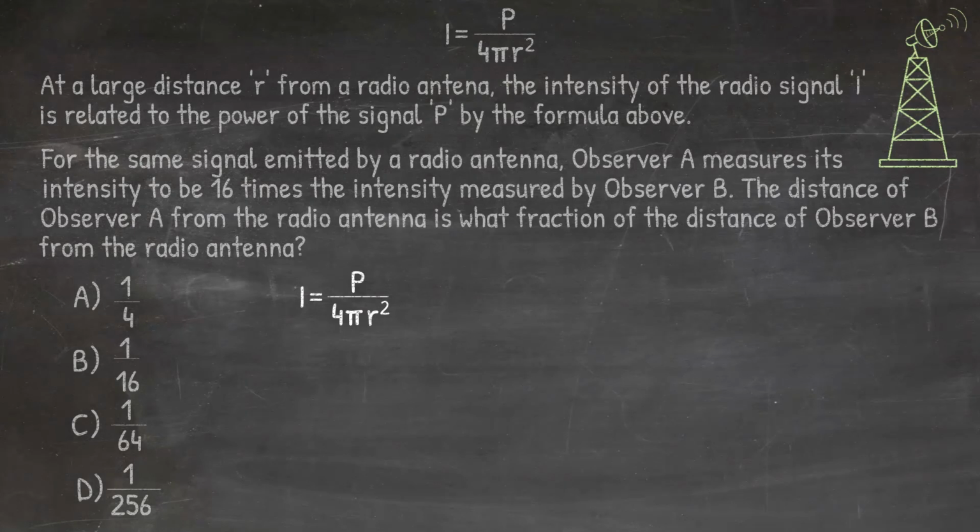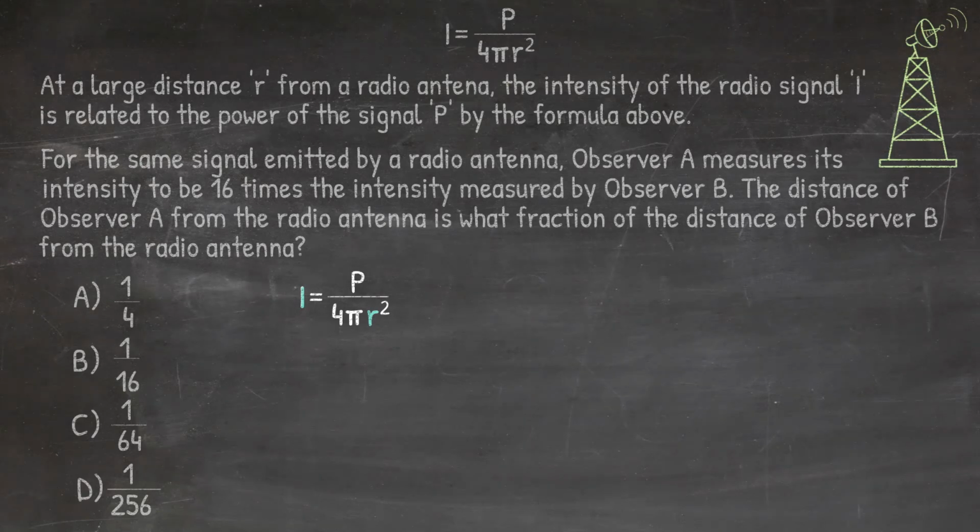If we were to pick a lazy approach and eyeball the formula, we'd identify that the only changes happen in the intensity of the signal I and the distance r. And we can see that since the difference is 16, everything is explained by the distance, and the way distance impacts the intensity of signal is in a squared form, which would explain all the difference.